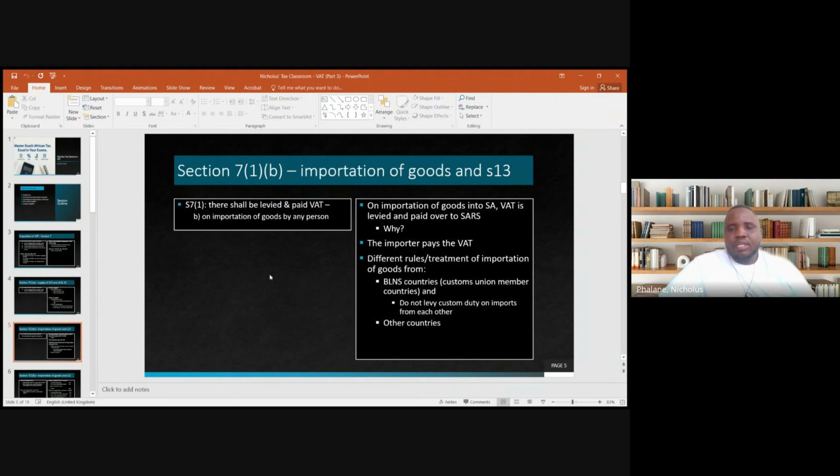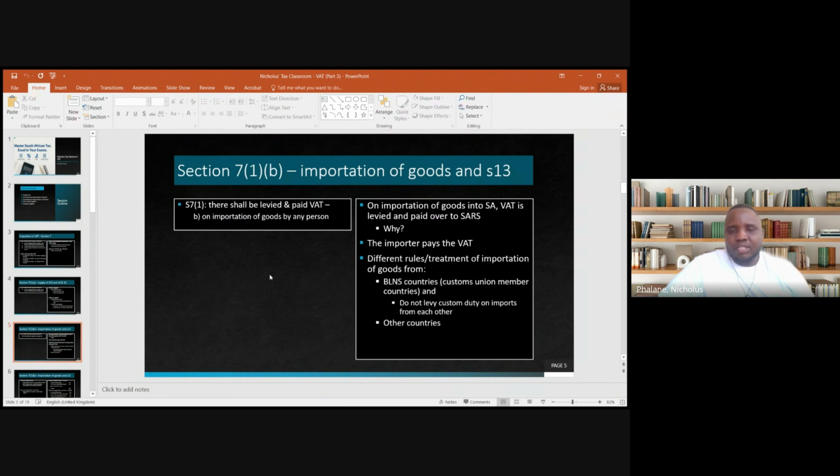Because if your residents or local taxpayers want to source either goods or services locally from VAT vendors, there's going to be VAT charged on that transaction by the supplier.